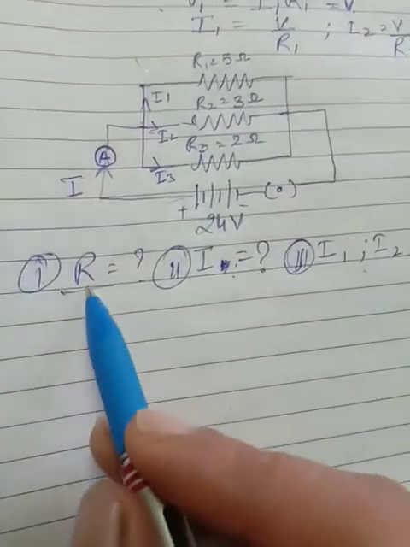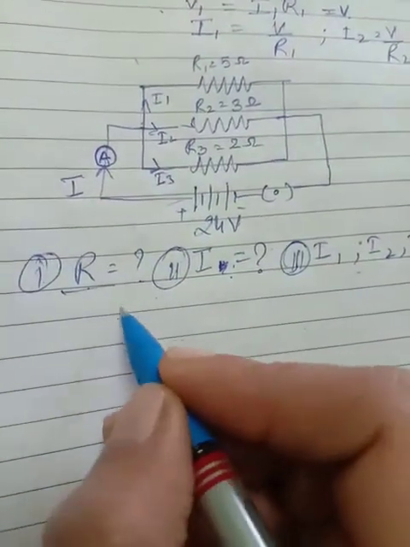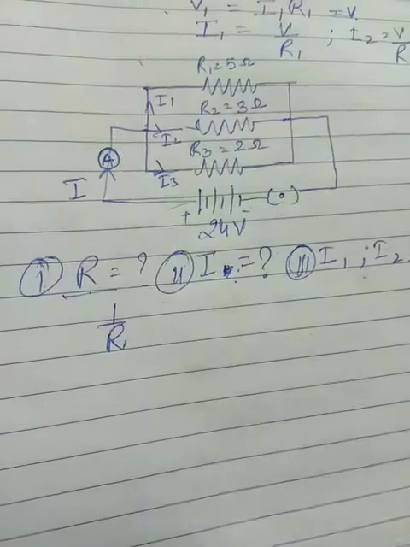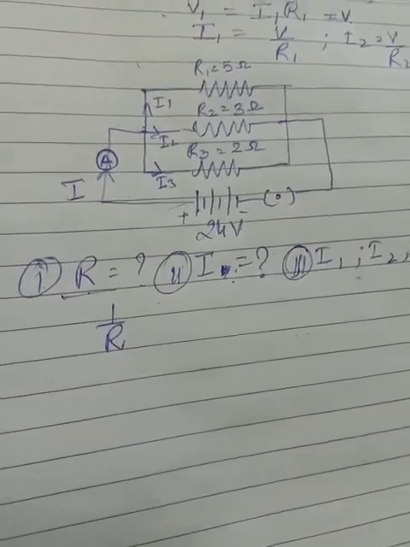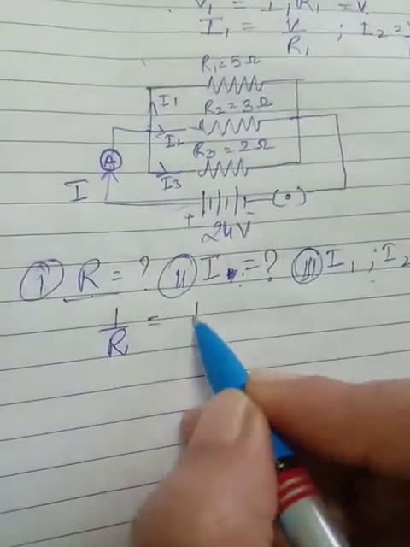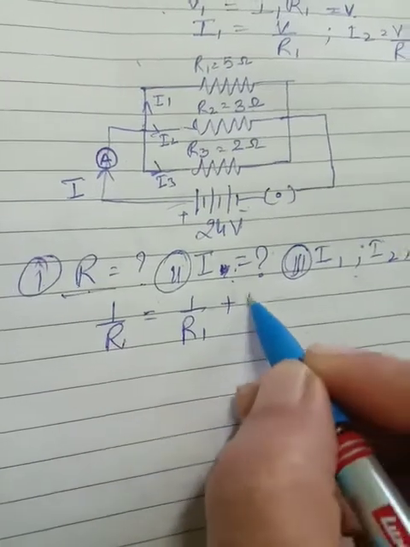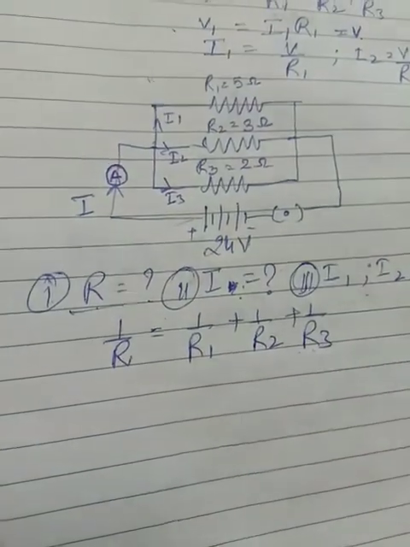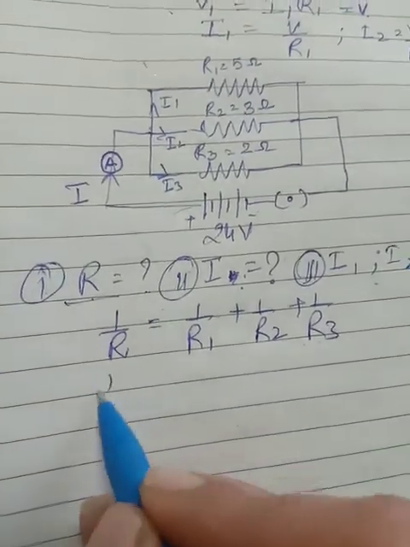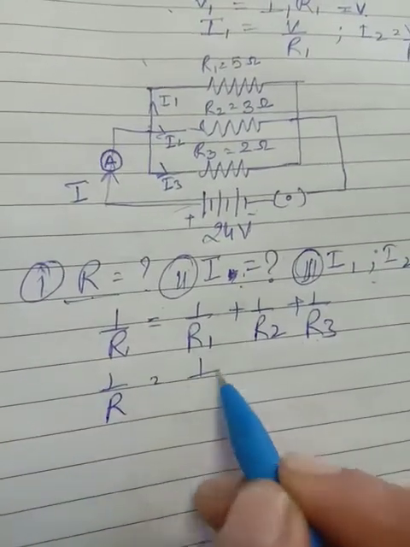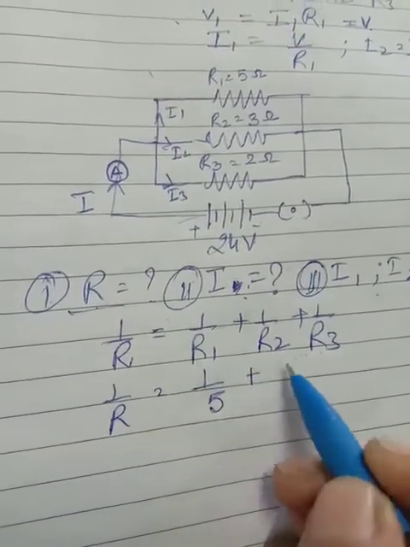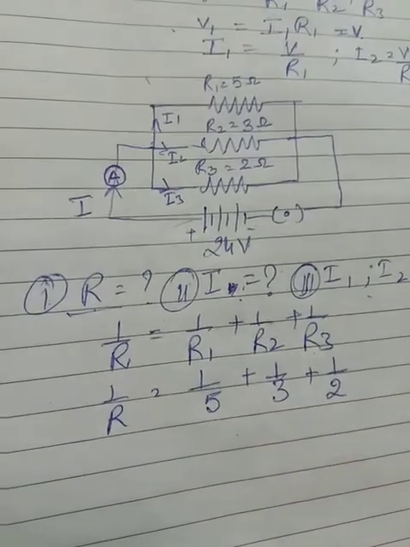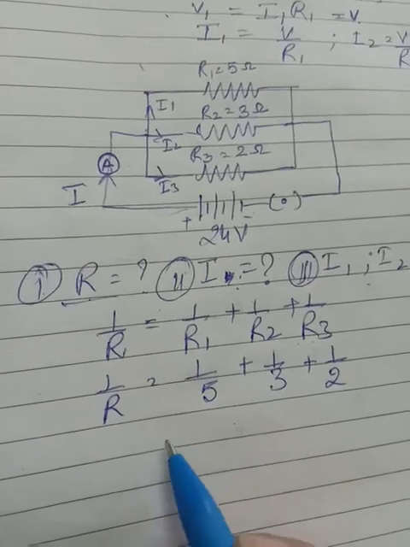For the net resistance of a parallel combination, we have the formula 1 by R equals 1 by R1 plus 1 by R2 plus 1 by R3. So 1 by R comes out to be 1 by 5 plus 1 by 3 plus 1 by 2.